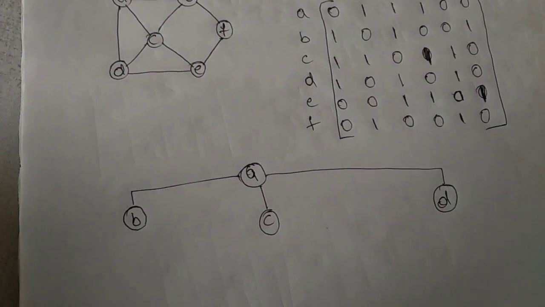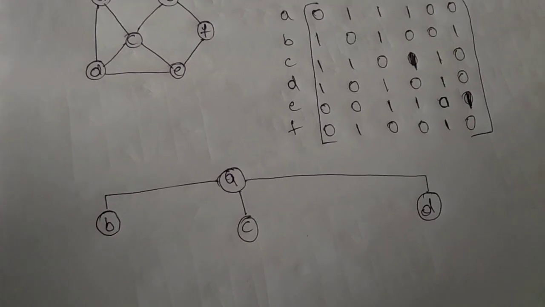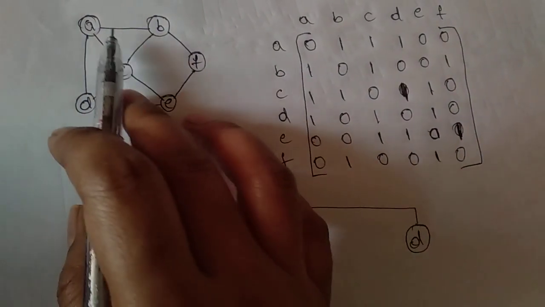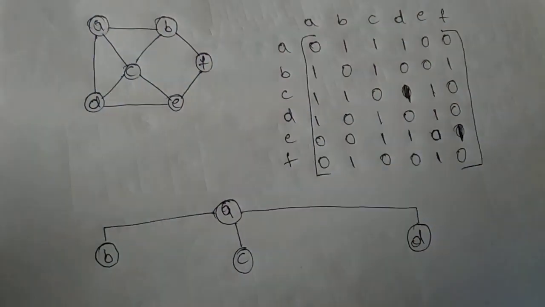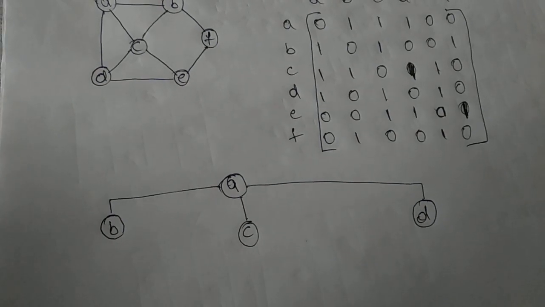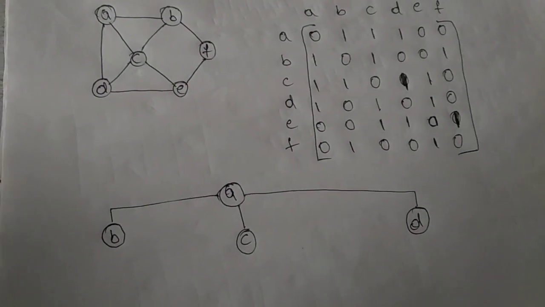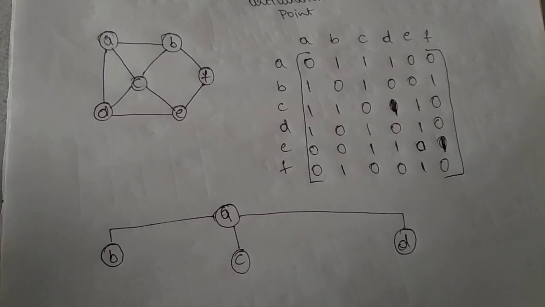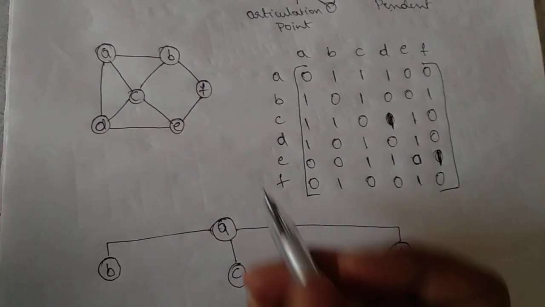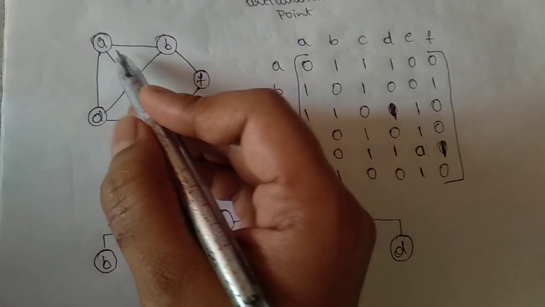Then first we check with B. If from A to B I go, how many possible Hamiltonian cycles are possible? Let me check this one first. Okay. First here from A to B I have come.